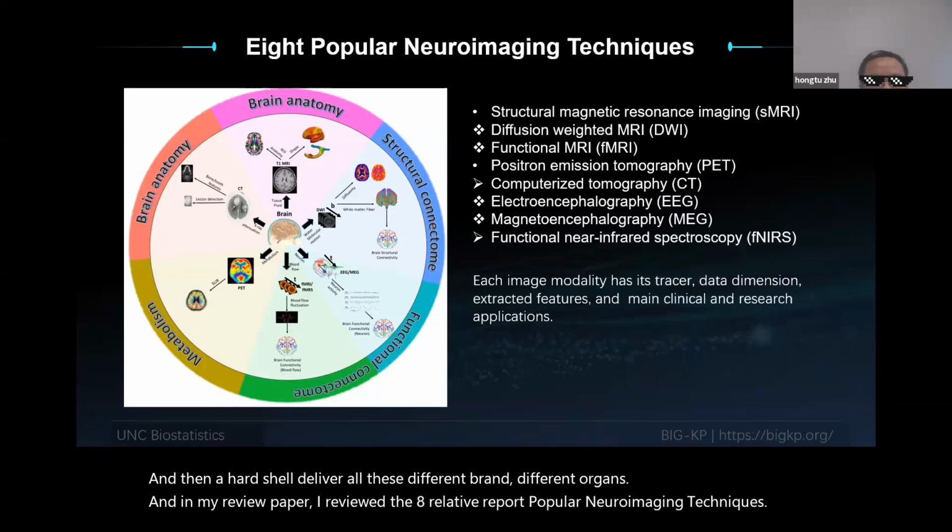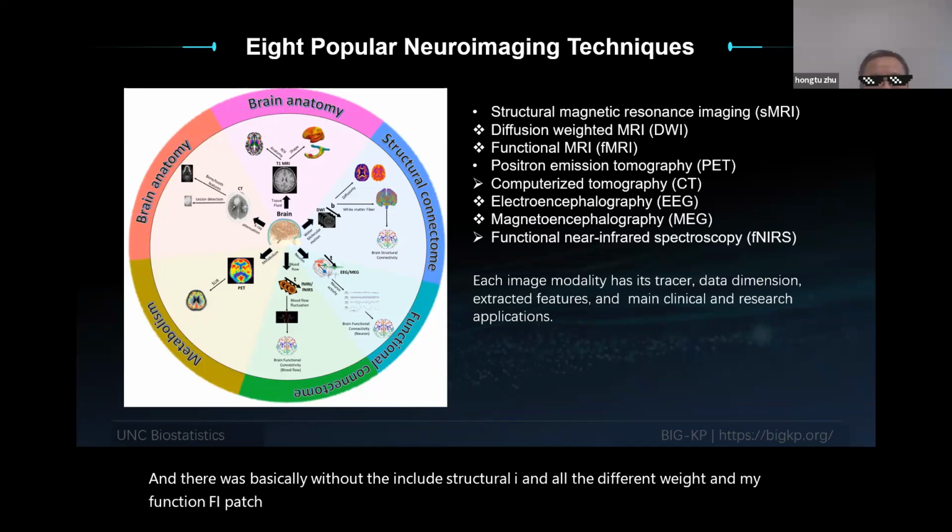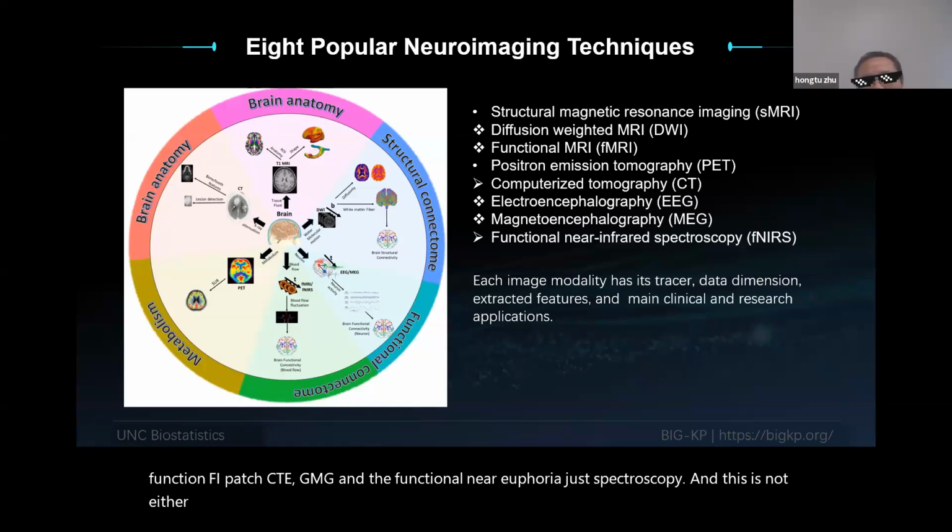They include structural MRI, diffusion weighted MRI, functional MRI, PET, CT, EEG, MEG, and functional near-infrared spectroscopy. These are 8 popular ones.